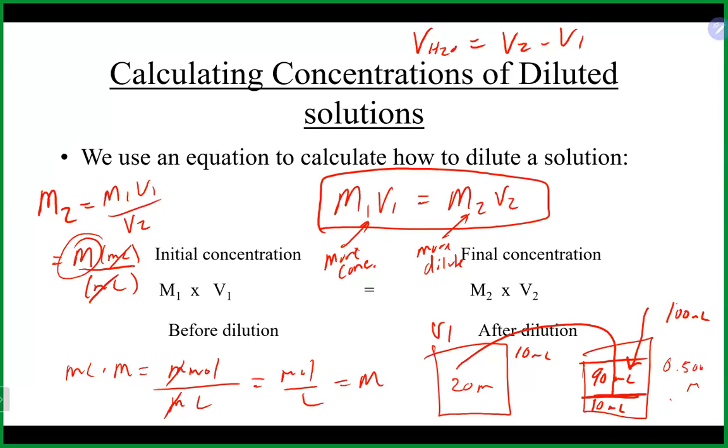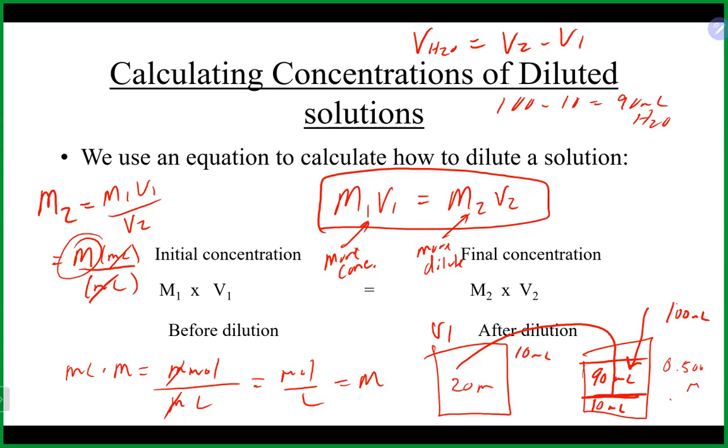When I mix it together, I would then have the correct concentration that I'm looking for. So a very common question in dilution problems is not necessarily V1 or V2, but how you would make the solution and how much water you need to add.